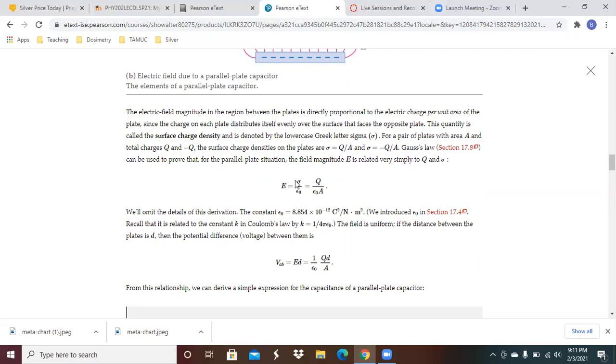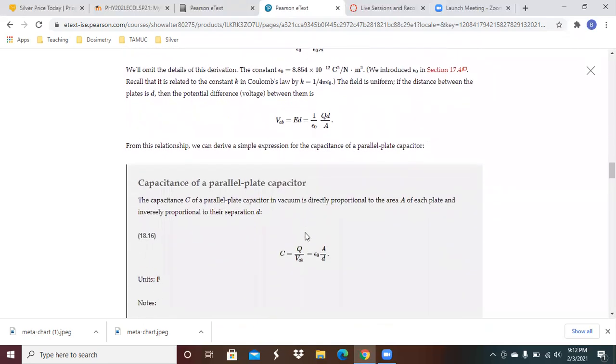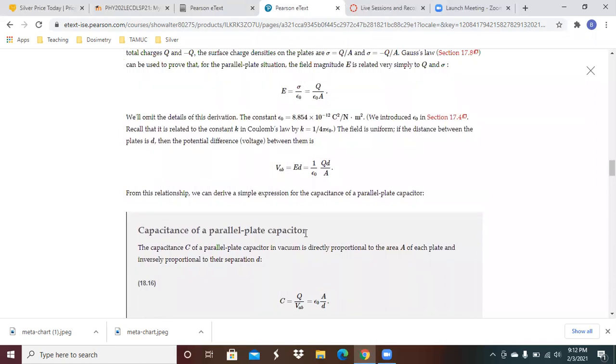So the electric field here is going to be the charge density divided by the electrostatic constant, and that is also going to be equal to Q divided by epsilon naught times A. We're not going to derive that right now, but the constant here is equal to that particular value, and it was mentioned in 17.4.